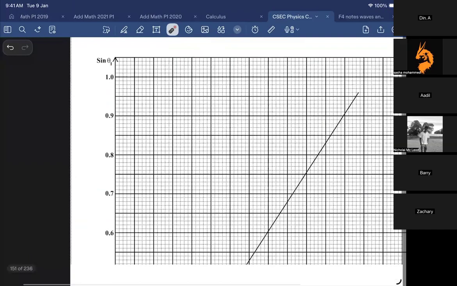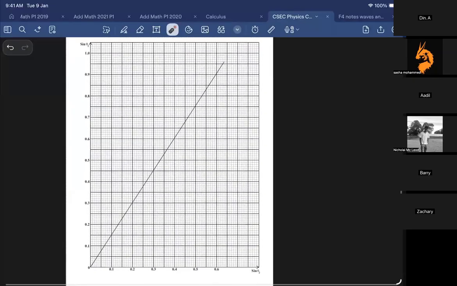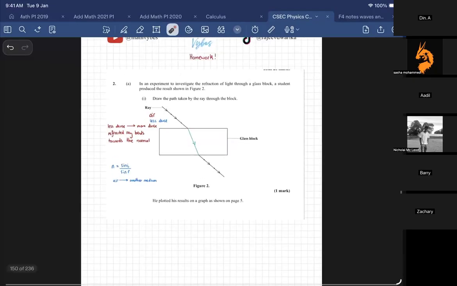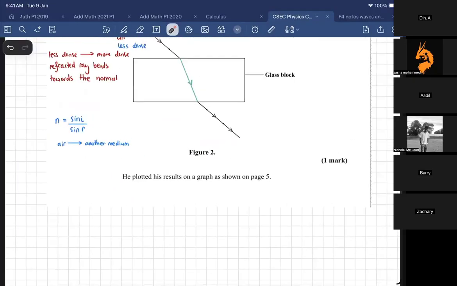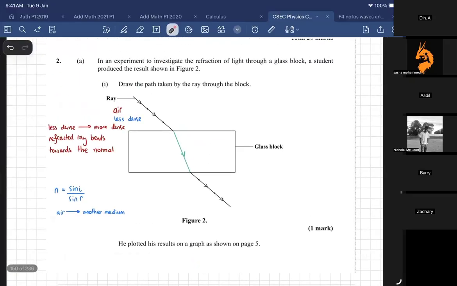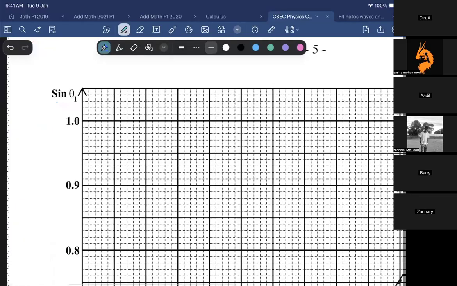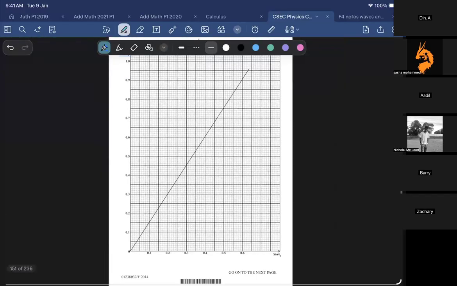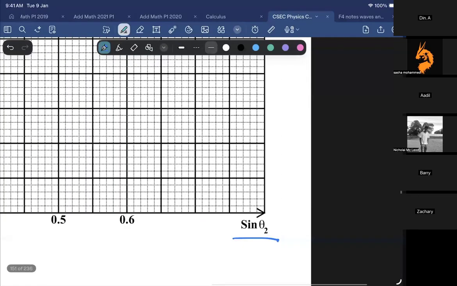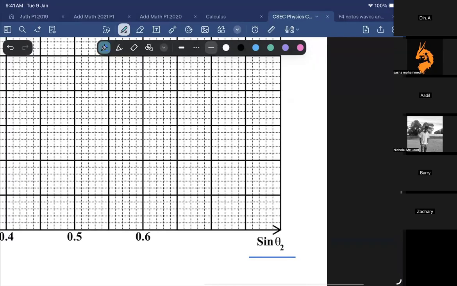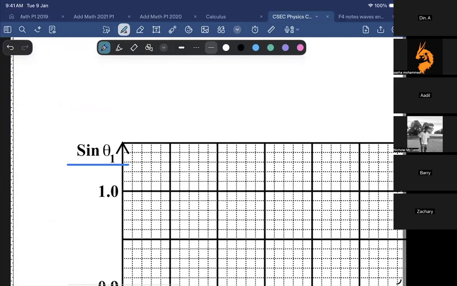Okay. Let me observe something. Nikolai, he plotted his results on a graph as shown on page 5. You see that they plotted sin theta 1 versus sin theta 2. Now, I have a question. What do you think theta 1 represents? Sin I, which is A. Exactly.